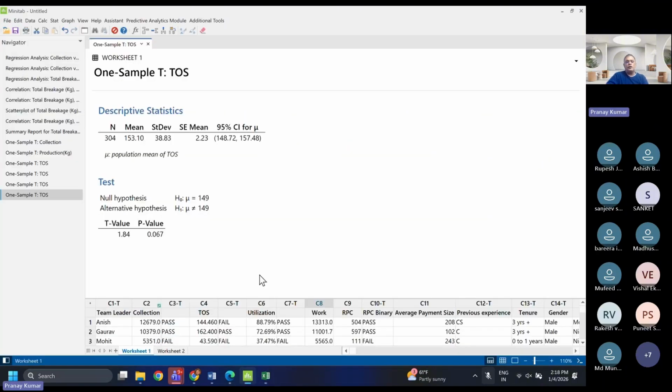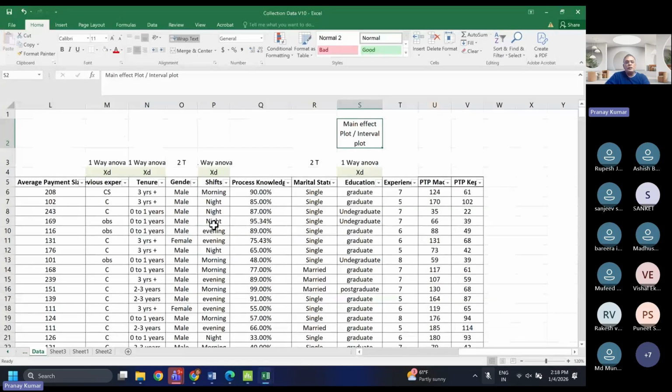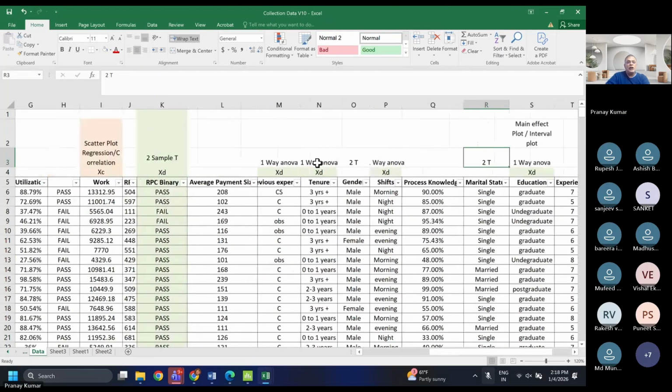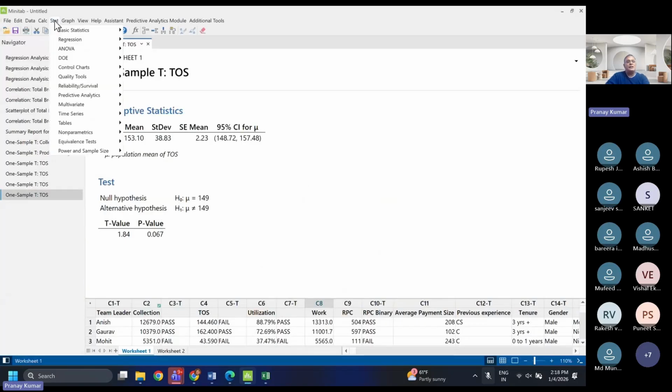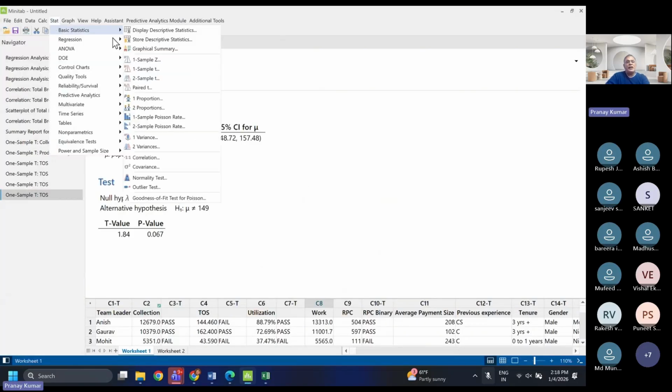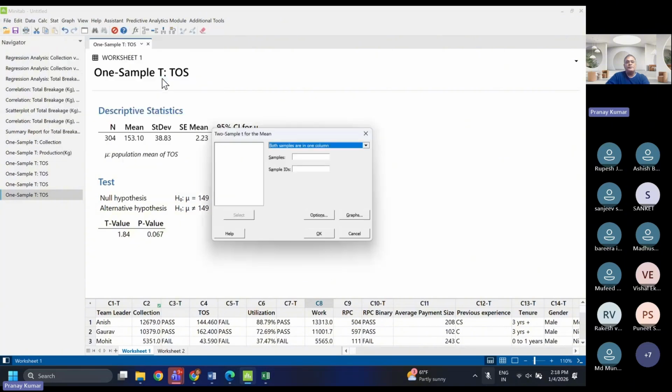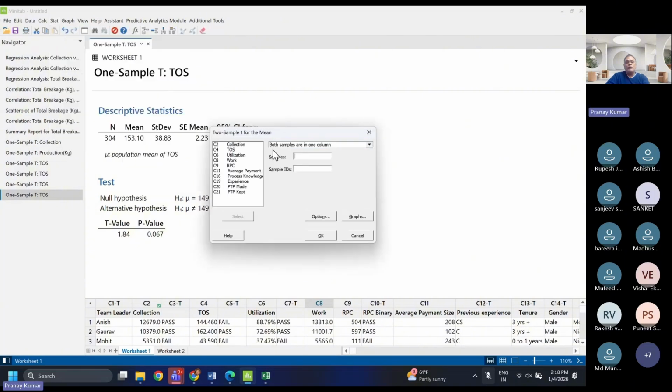Let us start doing the two sample T test. In our example, two sample T was gender, marital status, RPC binary. If I go to stats, basic stats, two sample T test, put in your Y, which is collection, versus RPC binary.